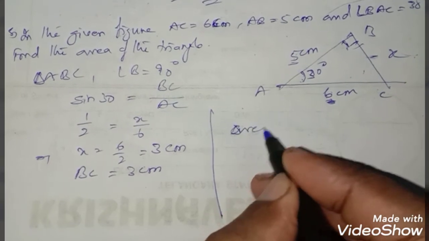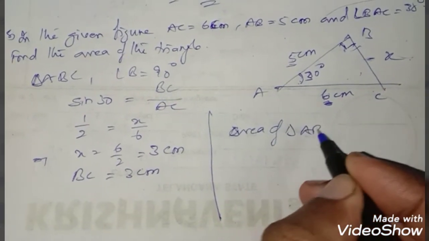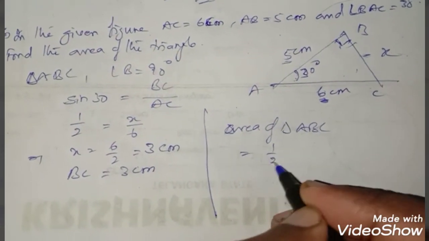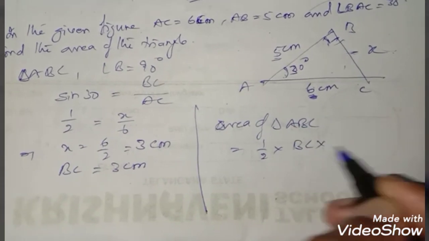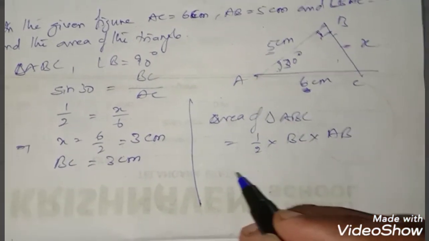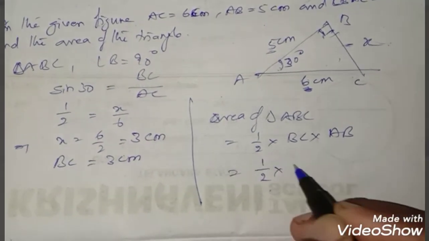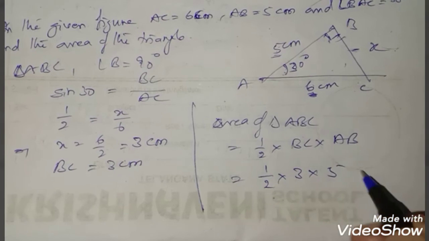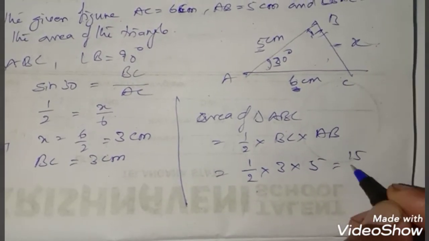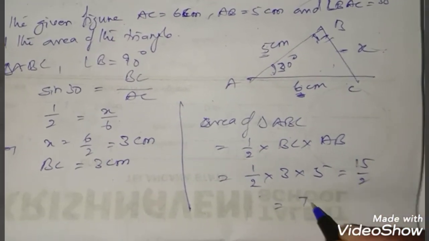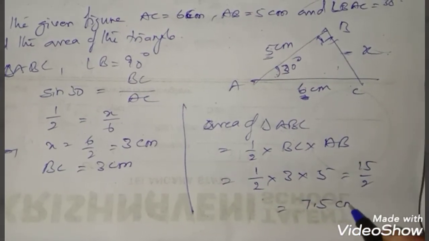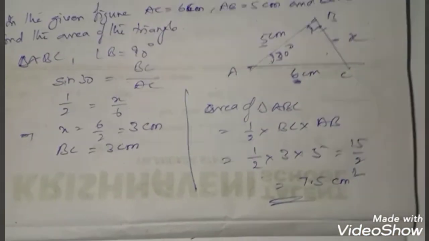Area of triangle ABC is half times base into height, where the base value we have already found, that is 3 centimeters. That is 1 by 2 into 3 into 5. If I multiply, you will get 15 by 2, so approximately 7.5 centimeter square. So like this you find your answer.